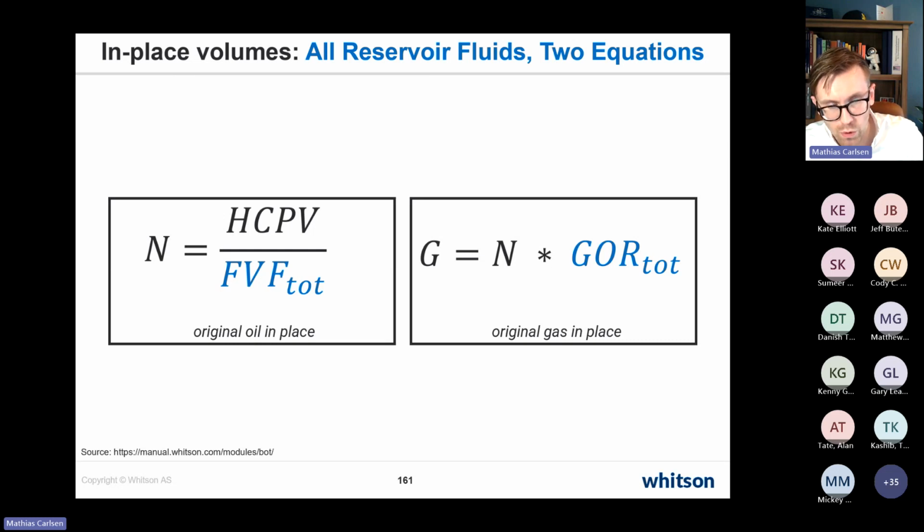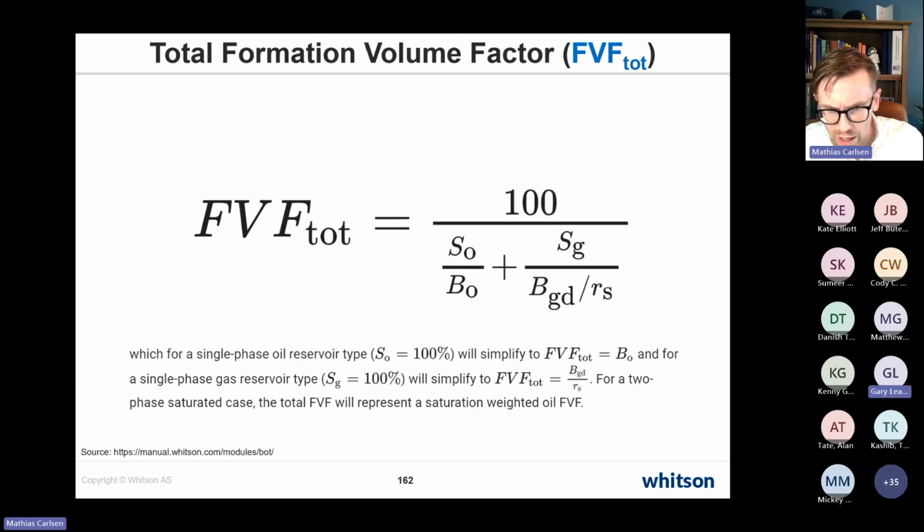It's just hydrocarbon pore volume divided by the total formation volume factor. And then on the gas side, you take the original oil in place and multiply with what's called the total GOR. The general formulas are straight out of Curtis's book, and it's also how it's calculated in the software.